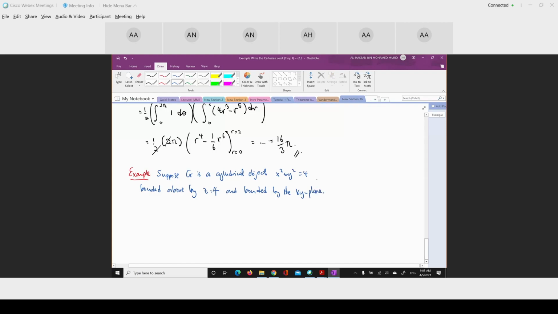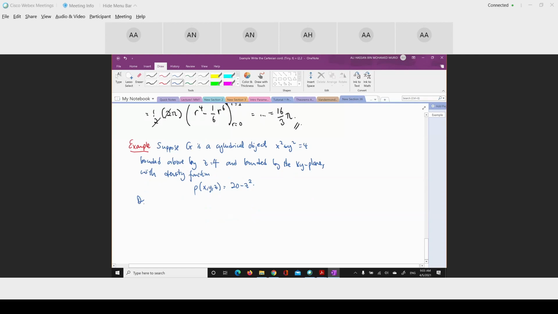Determine, with density function rho(x, y, z) equal to 20 minus z squared, first the mass and then its center of gravity.